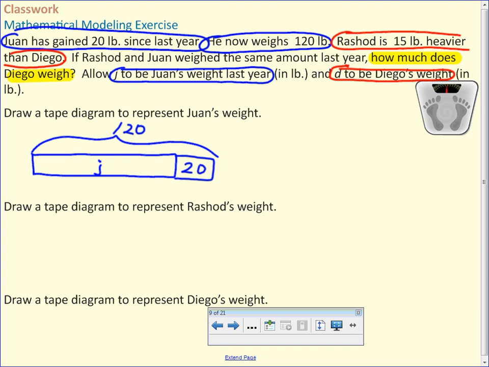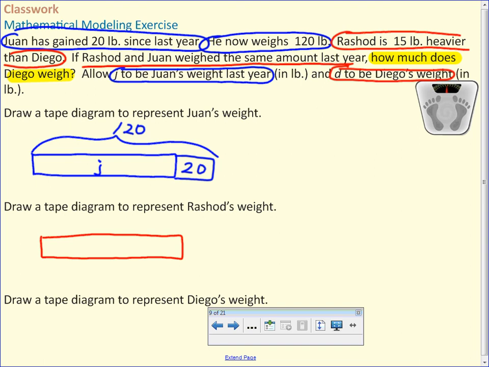But we have another piece of information here. Rashad and Juan weighed the same amount last year. So that means I have to make my box the same size as Juan last year, because Juan's weight last year is the same as Rashad's.